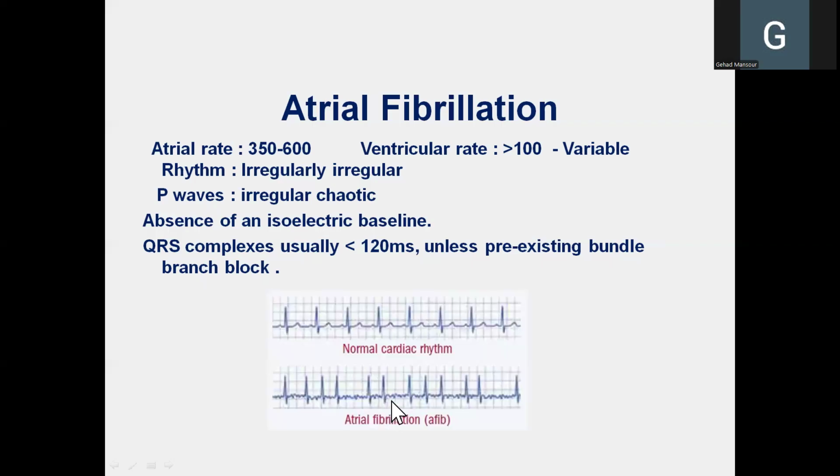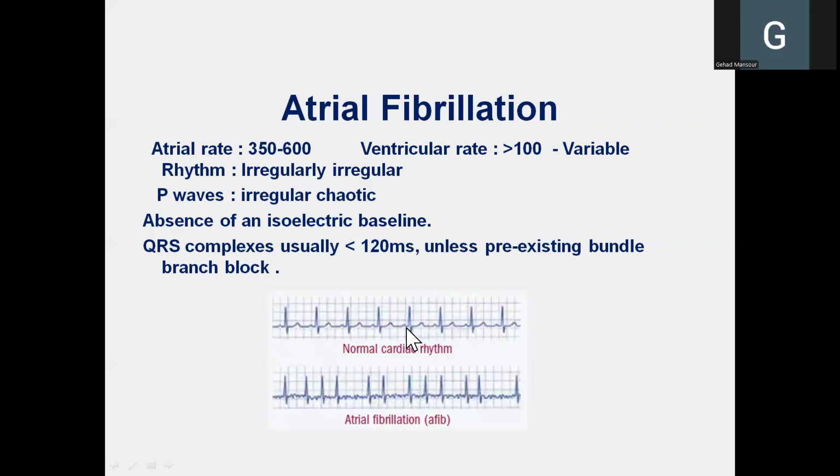Because of these chaotic, irregularly irregular P waves in between the RR peaks, we can say that there is no baseline. For example, here, in between the T wave and the next P wave, you have a straight line that is at the level of 0 amplitude or 0 millivolt. We call this the isoelectric baseline.